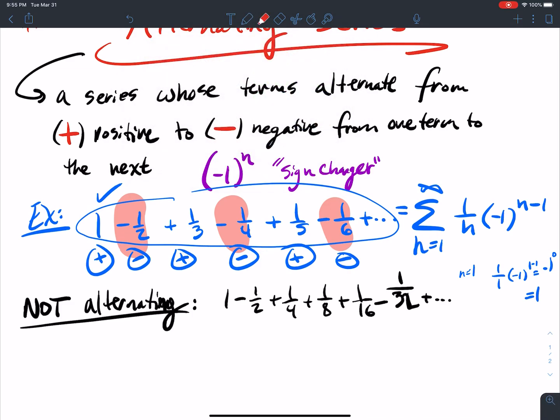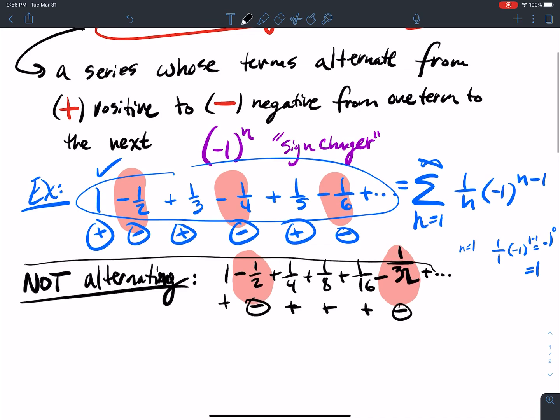This is a negative here, but then it's positive, positive, positive, negative again. This isn't alternating. This is plus, minus, plus, plus, plus, minus. The only way that it's going to be alternating is if it swaps between plus, minus, plus, minus, plus, minus. So if that was negative, then we'd be good to go, but it's not. So this does not work.